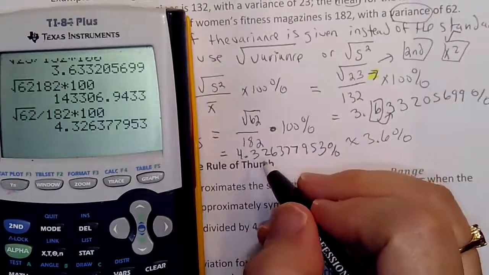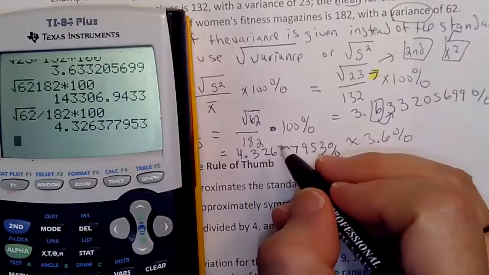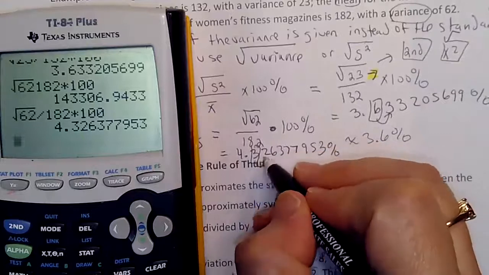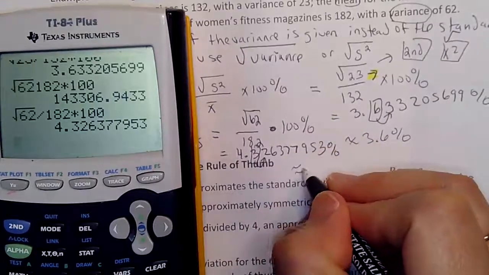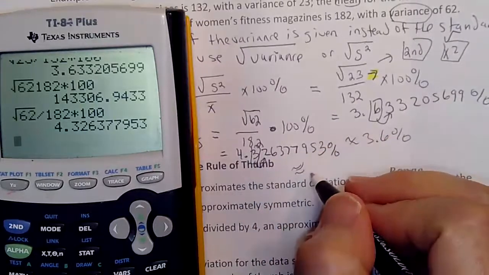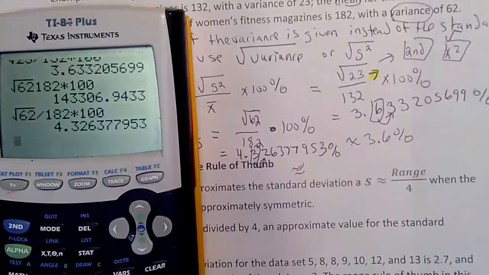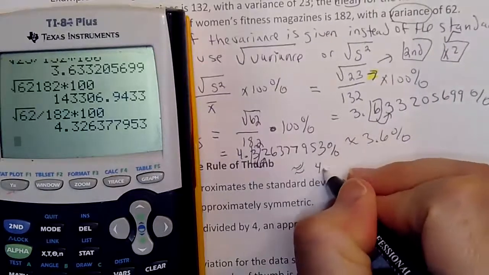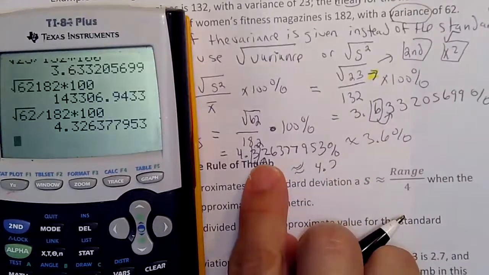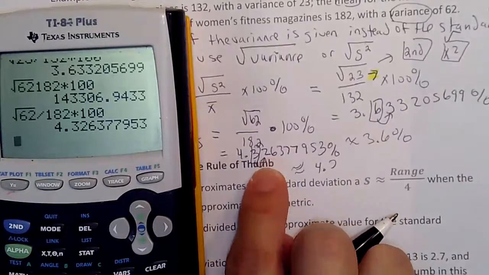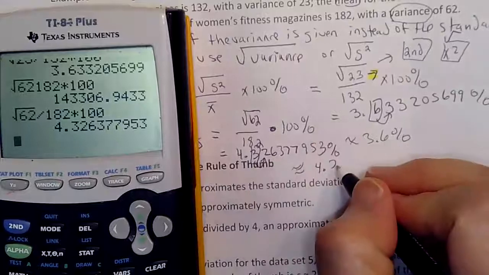So if I round this to the nearest tenths, is this 5 or more? No. Yeah, we're asking you to round to nearest tenths. So 4.3. Is that neighbor 5 or more? No, it's a 2, so that stays the same. So 4.3%.